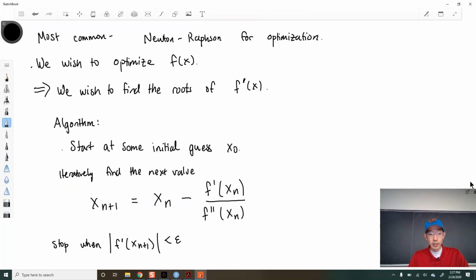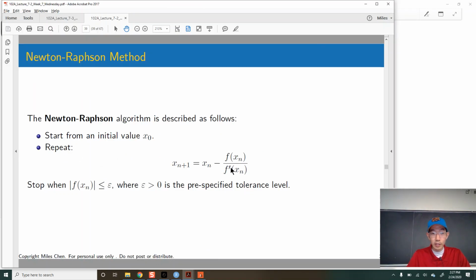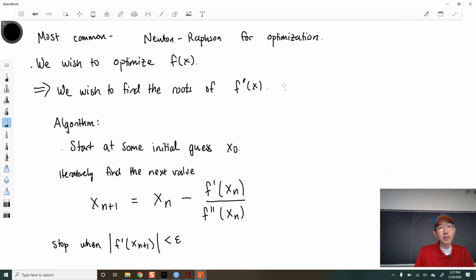Again, this is the algorithm for finding the roots of f, and now we want to find the roots of f prime, so I'm just replacing f with f prime, and f prime with f double prime. What does that mean? It means f has to be twice differentiable.